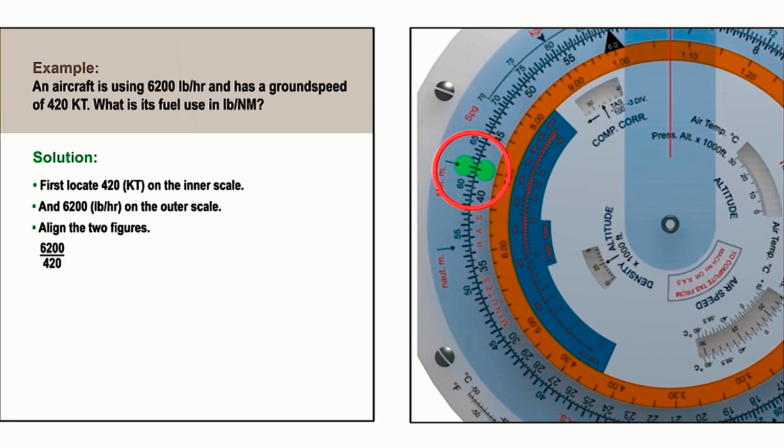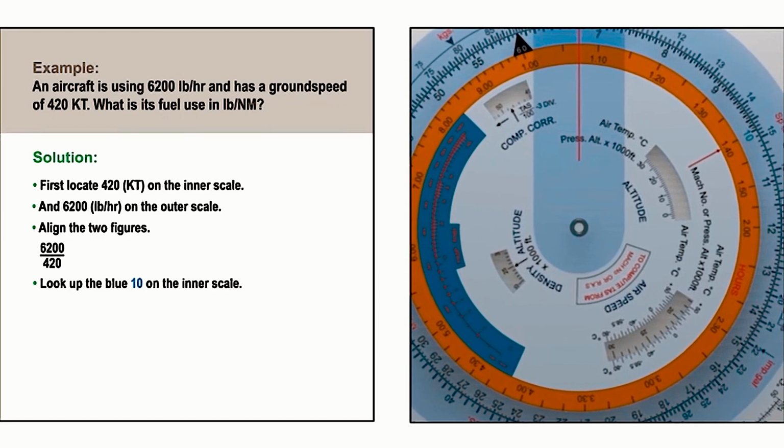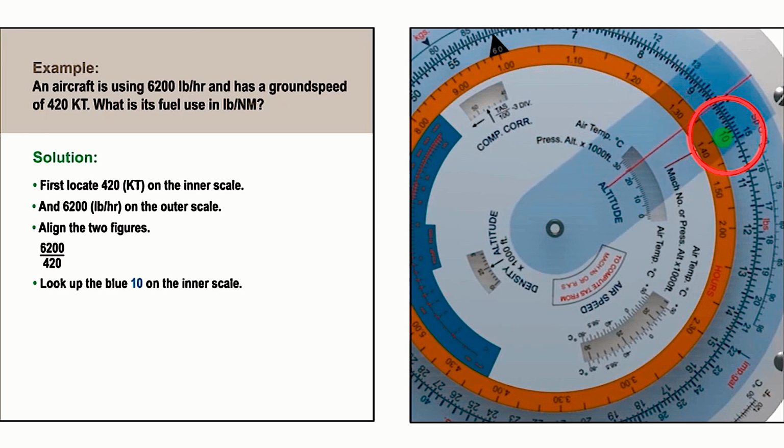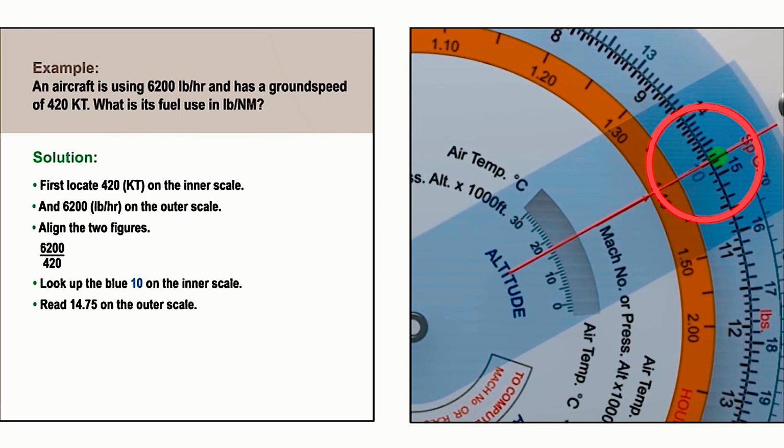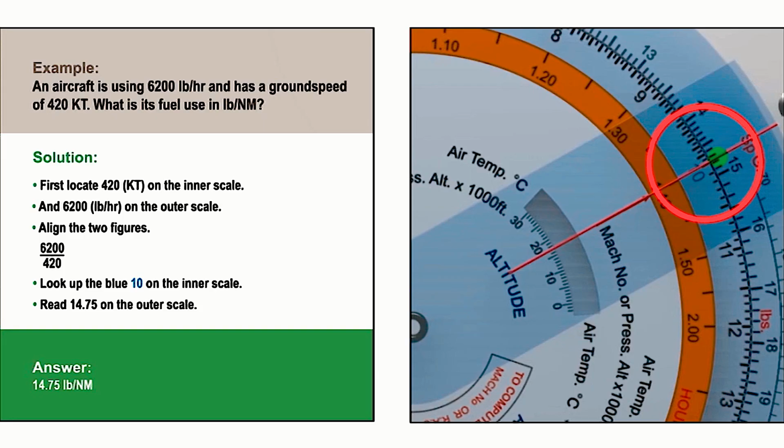You now have 6,200 over 420. Now look up the blue 10 on the inner scale and read off the figure of 14.75 on the outer scale. This represents the result of dividing 6,200 by 420 and gives us the number of pounds of fuel used per nautical mile.